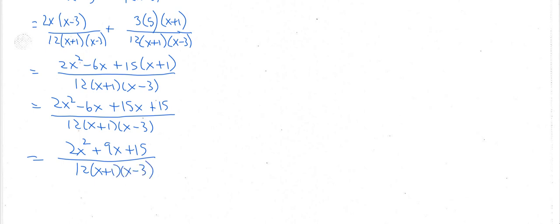And really what I should do is try to factor the numerator, because I could get lucky and the numerator will have a factor that reduces with one of the factors that I have in the denominator, but this particular one doesn't seem to factor. So I'm done, and I just restate the restrictions.